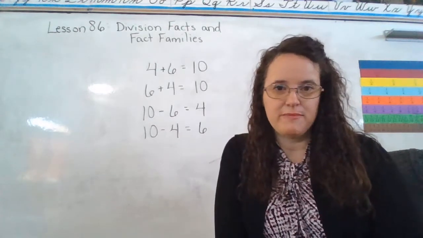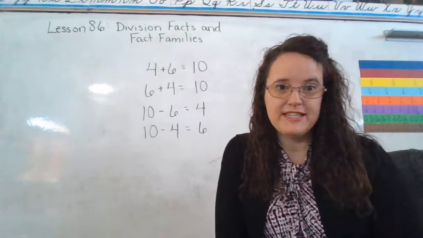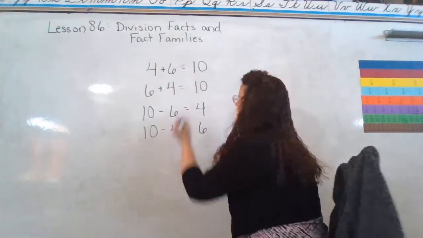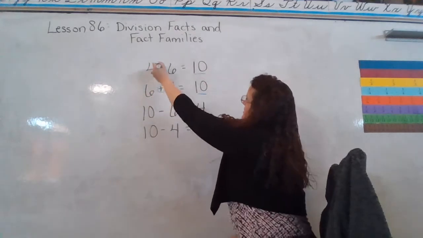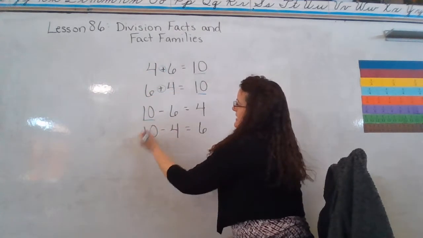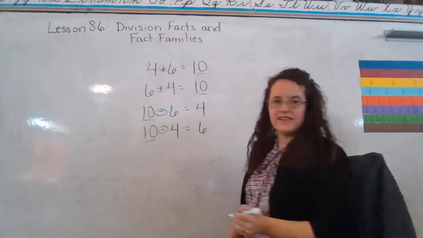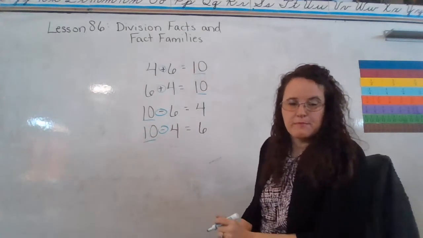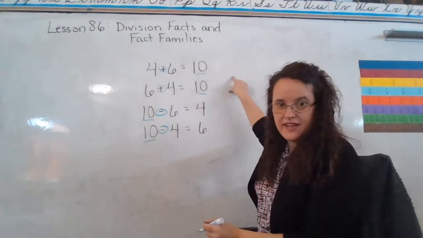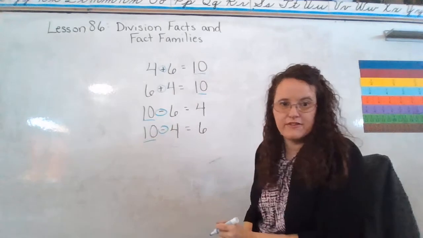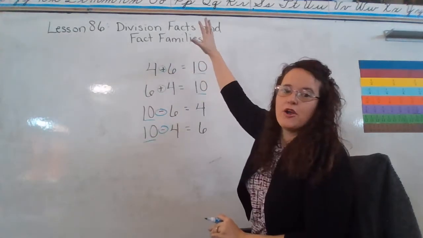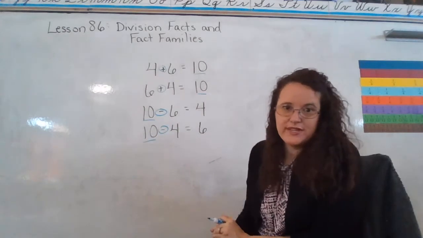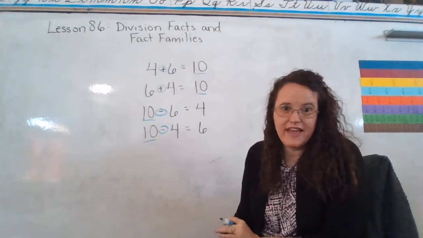Remember we talked about the patterns in fact families, where the bigger number is either at the end of an addition problem or at the beginning of a subtraction problem. The bigger number goes at the end for addition, goes at the beginning for subtraction. So you guys are professionals at putting together addition and subtraction fact families.